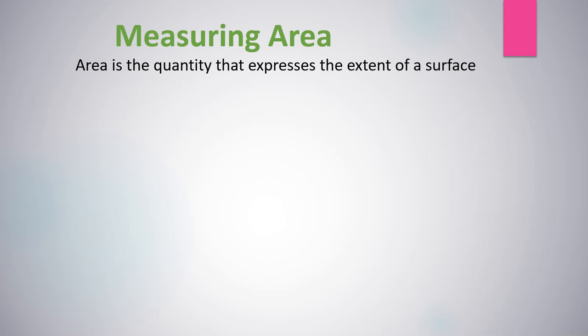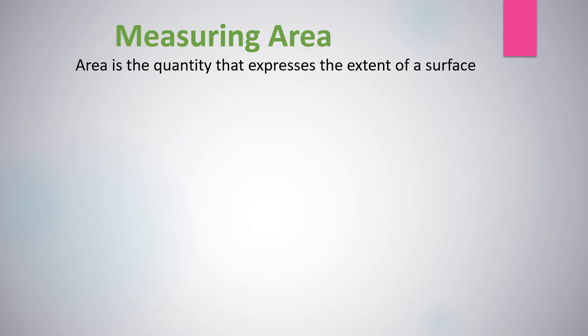There are basic physical quantities and derived physical quantities. We saw that length, time and mass are basic, and others like area, volume, density and so on are derived. Then we looked at length as a physical quantity and how it can be measured, and now we are going to look at area.